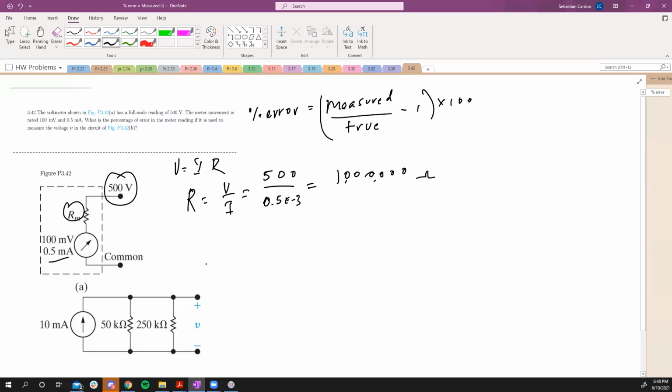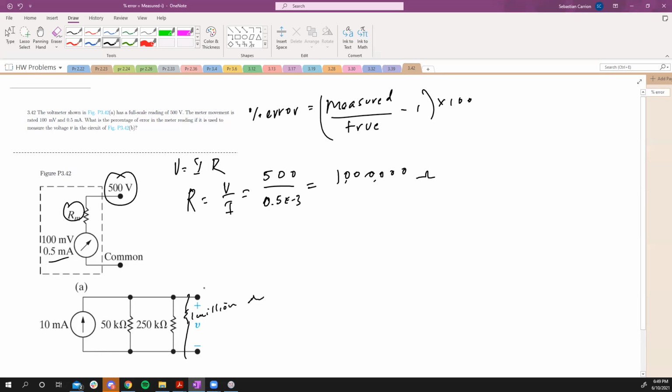So if we account for that, realistically, if we were to measure V, we would have to account for an extra resistance, which is a million ohms, right?